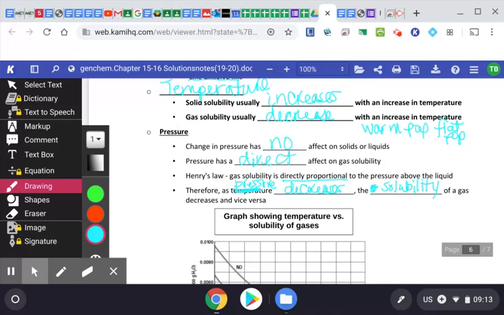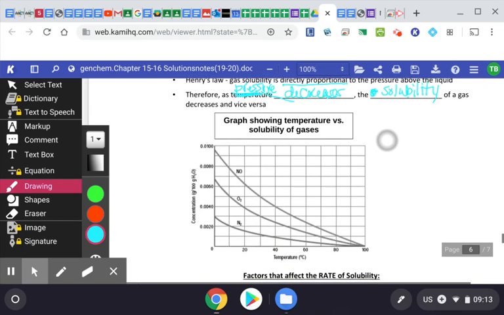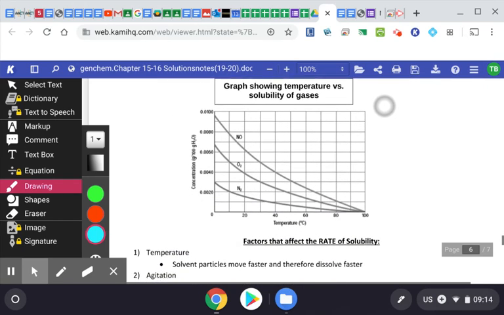That's why if you want to keep bubbles in your pop, you need to keep the lid on or keep the can closed, because that keeps it at a high pressure and it keeps the gas in. If you decrease that pressure by opening the can, the solubility of your gas is going to decrease as well, and the gas bubbles will disappear and the pop will go flat.